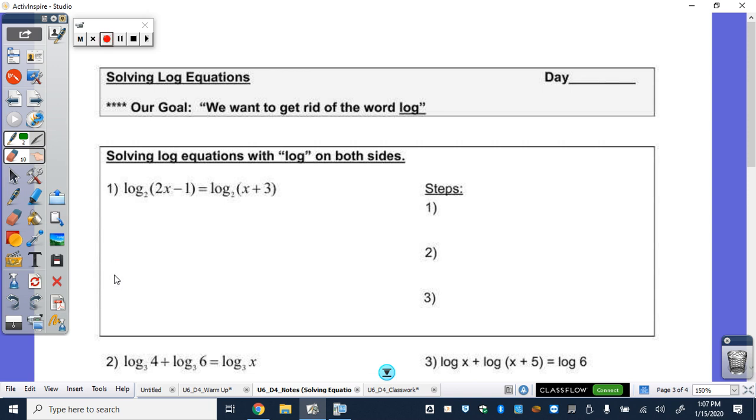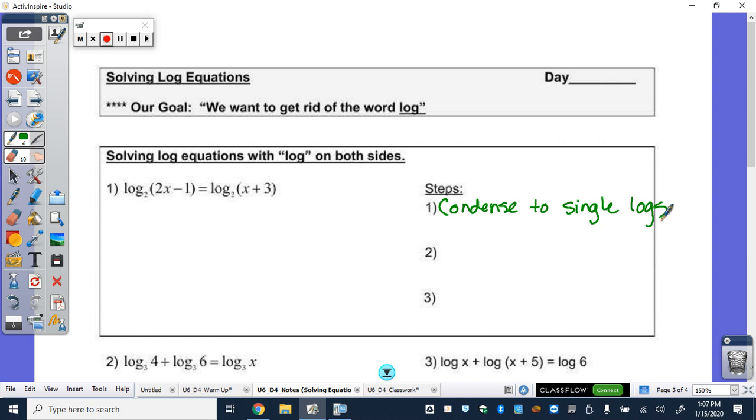All right, we've got 2 other types of equations we're solving. If you have log written on both sides of your equal sign, first thing you'll do is condense it down so that you have log written once on each side.